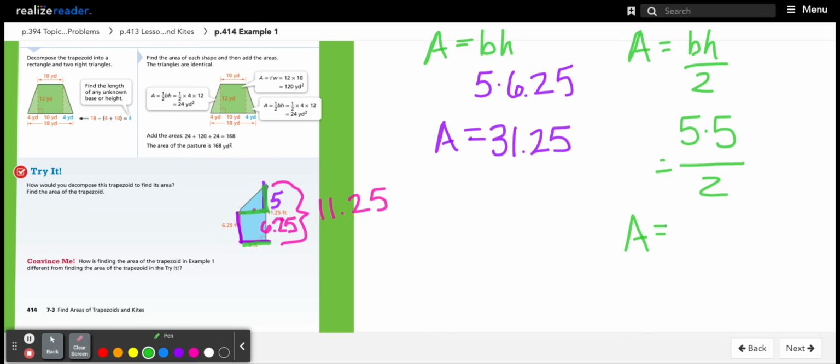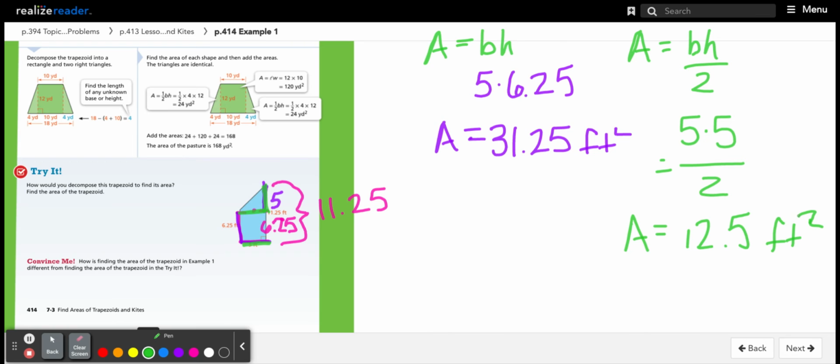Area is going to equal 12.5. I forgot my units. Feet squared. So I found the area of my rectangle. I found the area of my triangle.